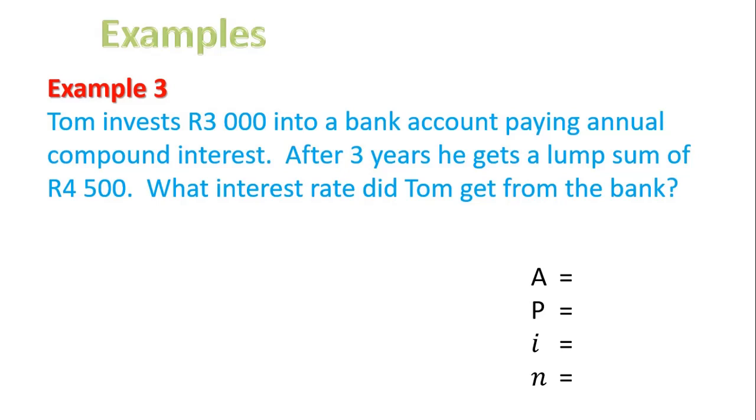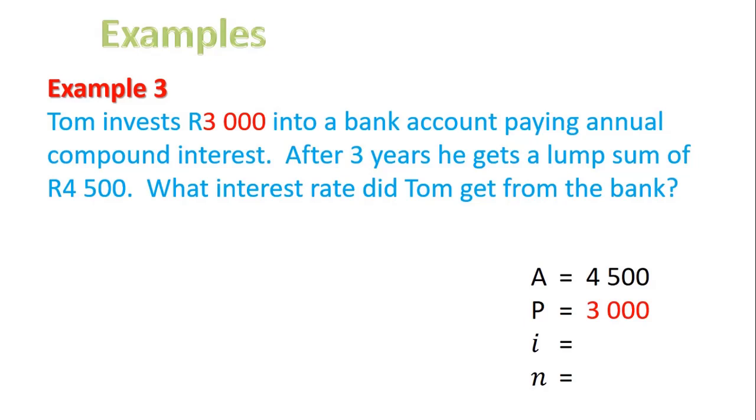So after everything he gets 4,500, and so that is my finishing amount. My starting amount, well, right at the beginning, Tom invests 3,000. So that's what we started with, and so P equals 3,000.